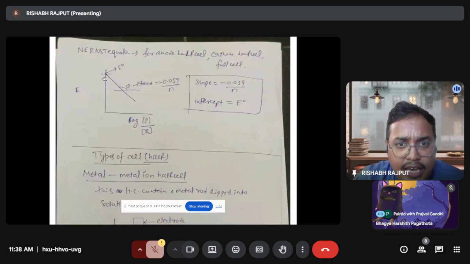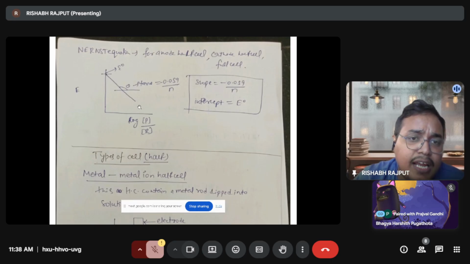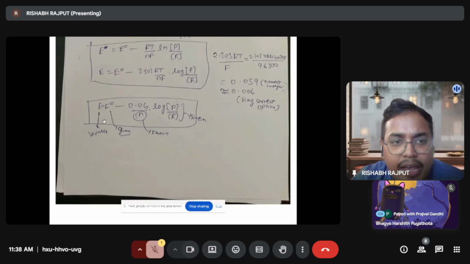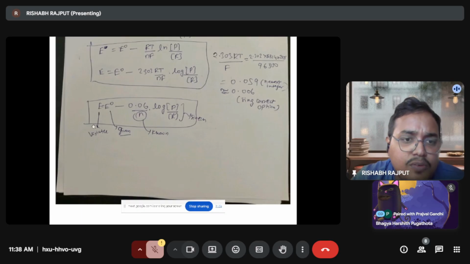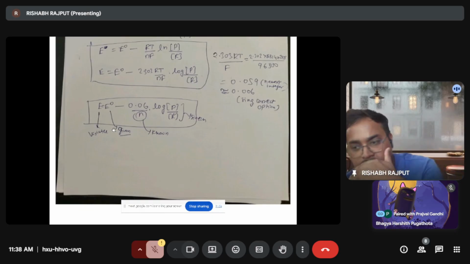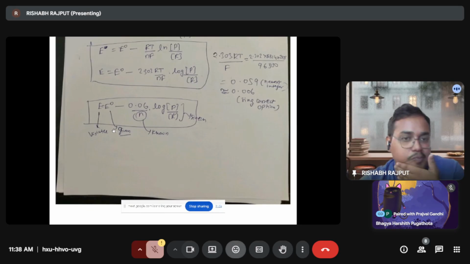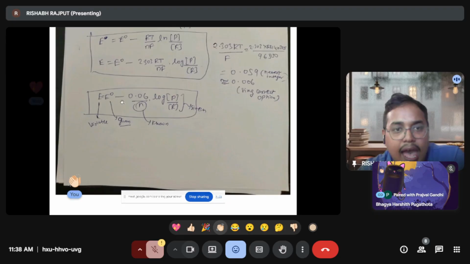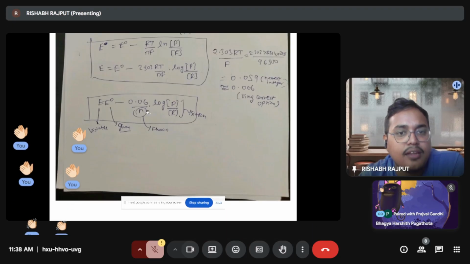If you draw the graph of E versus log P by R, your graph will be a straight line. Why? Because if I take E as the Y axis and log P by R as the X axis, this equation becomes Y is equal to C minus mX. That is a straight line equation, so it will become a straight line. E naught is the intercept, and minus 0.059 by n is the slope.